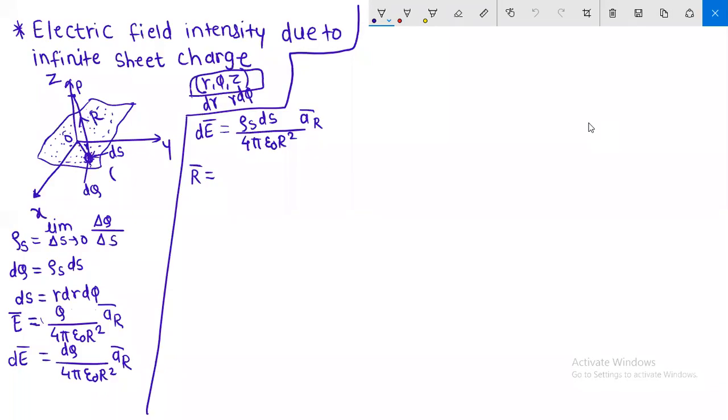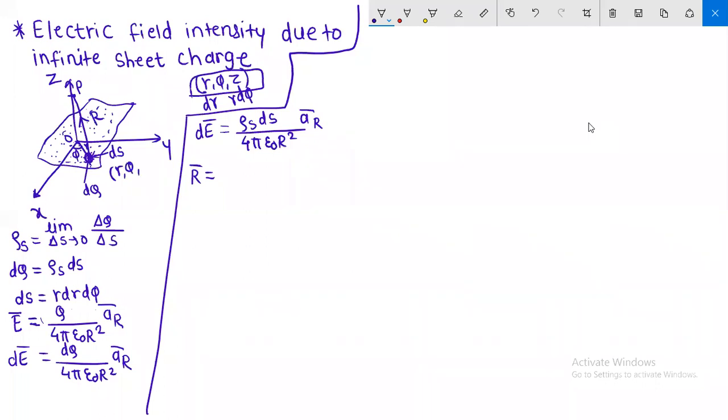Okay, so here already r is given, right? Up to this point, it is the distance from origin to point ds, means r is given, so r is present. Now what about phi? Phi is the angle from x-axis. So is phi present? Yes, phi is also present.